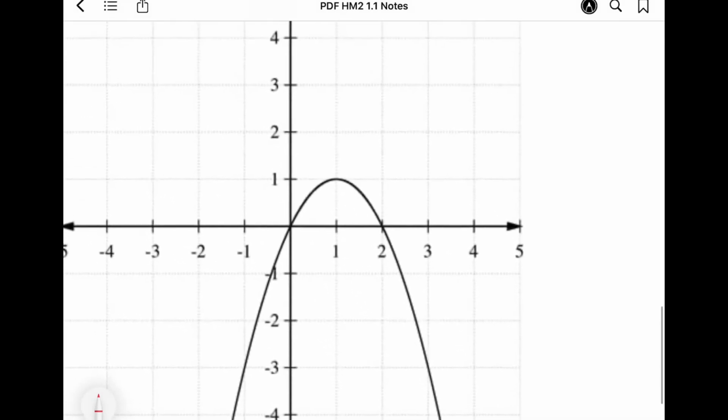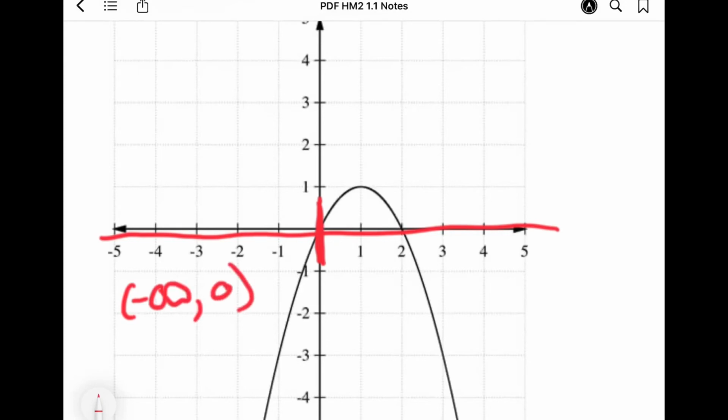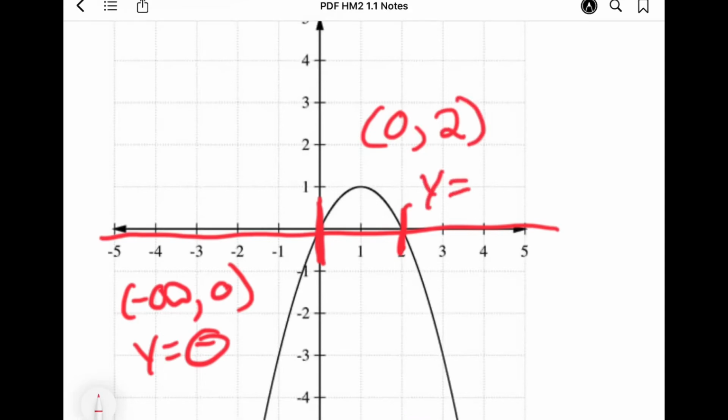So let's look at your positive and negative intervals. Again, it's cut by the x-axis. On this side, our y's are negative, so negative infinity to 0, the y's are negative. From 0 to 2, the y values are positive.